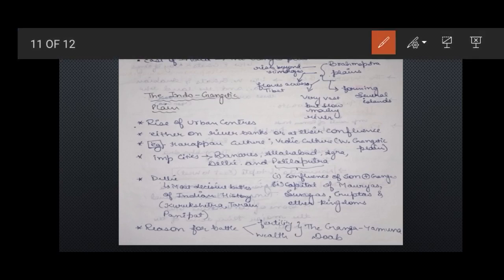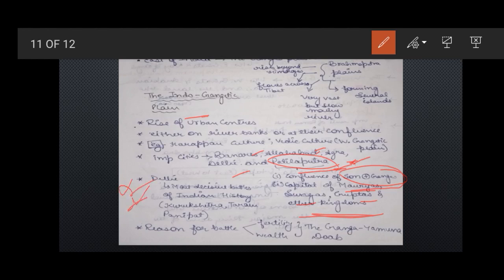The important cities present in this region are Banaras, Allahabad, which is Prayagraj now, Agra, Delhi, and Patliputra. Patliputra is very important to know because it is present at the confluence of the Son and the Ganges, and it was the capital of the Mauryas, Sungas, Guptas, as well as other kingdoms. Another important city is Delhi.